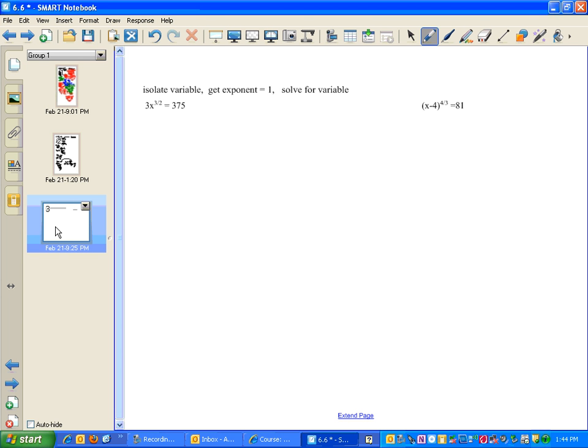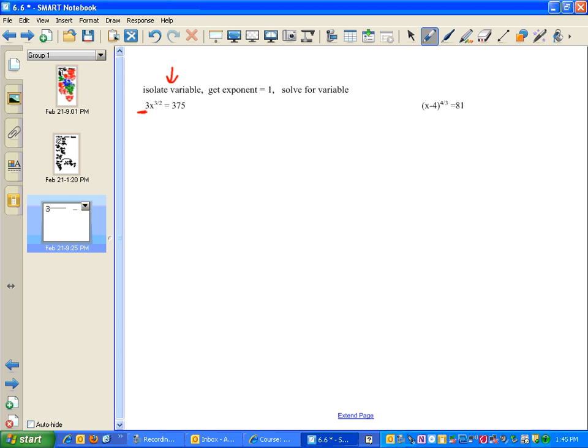So now what we have are exponents that are fractions. So, you know, I'm saying 3 and the square root of x to the third. But we can work with this as if they were just fractional roots. All right? Isolate the variable.